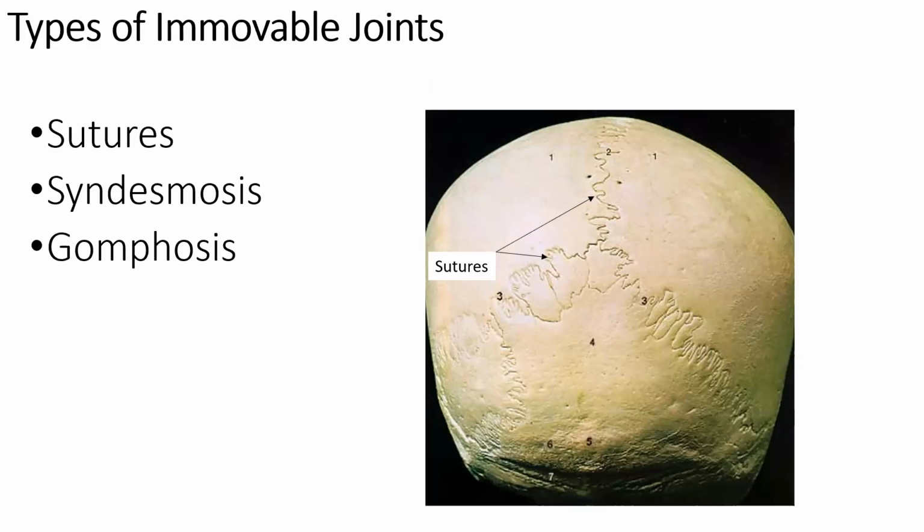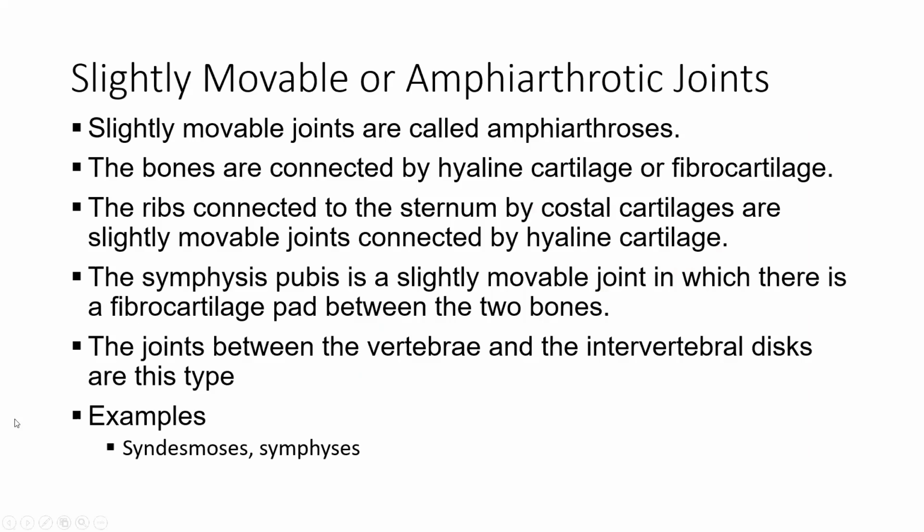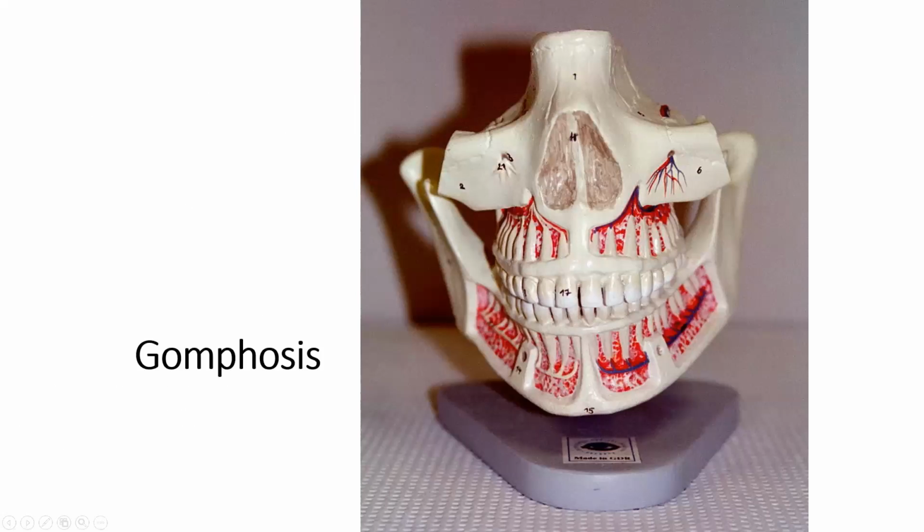Now, the other terms here are syndesmosis and gomphosis. The gomphosis is the term for the teeth in our socket. Our teeth in the socket should be an immovable joint.